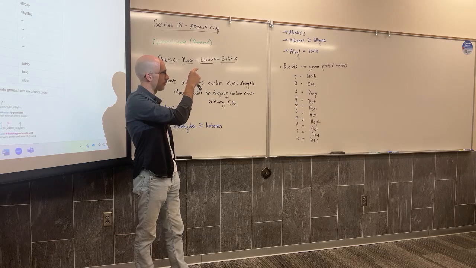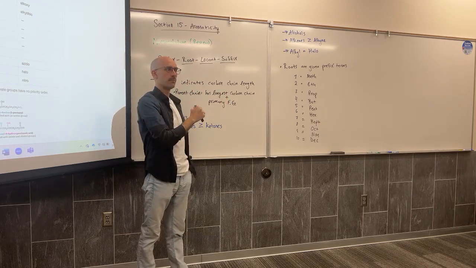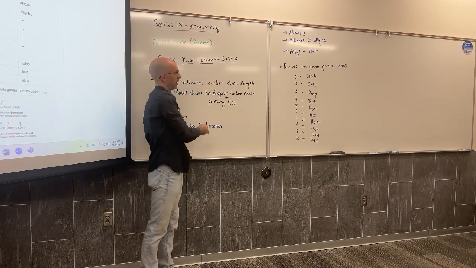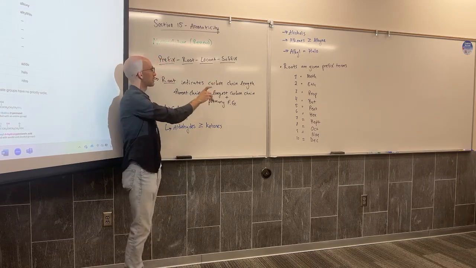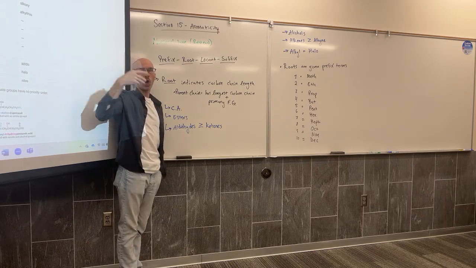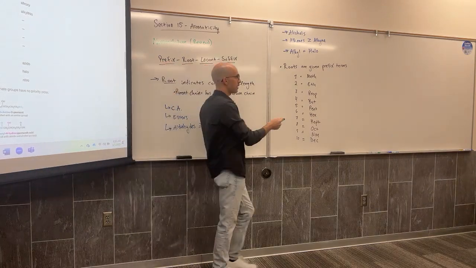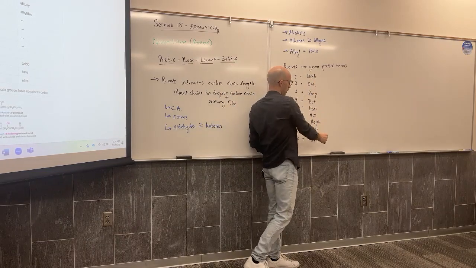You'll notice that the roots don't have anything coming after them. That's where our suffixes come into play. We're actually going to use these roots again in our prefixes when we have carbon chains that branch off of the parent chain. So we'll have different types of suffixes that we can put here.